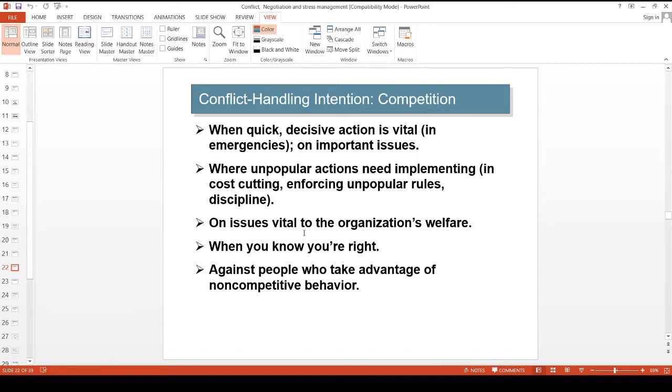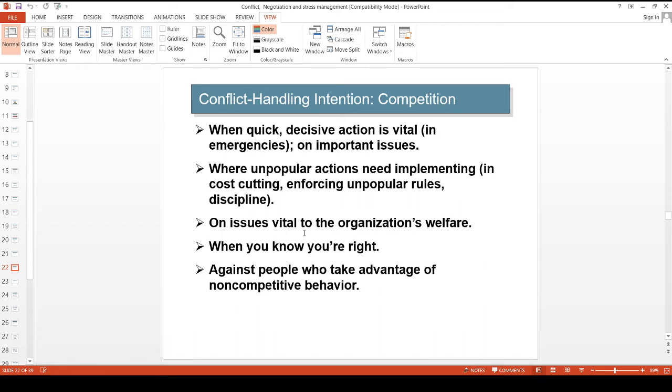Now, this competing approach is more favorable when quick decisive action is vital, in emergencies or on important issues. When there are very important issues for the managers and for the organizations, which are most important to the viability of the organizations, or when there are emergency situations and you have to take quick decisions, then this approach will be more suitable.